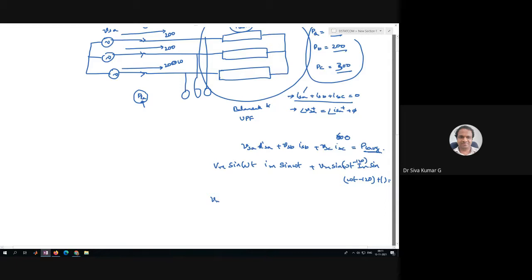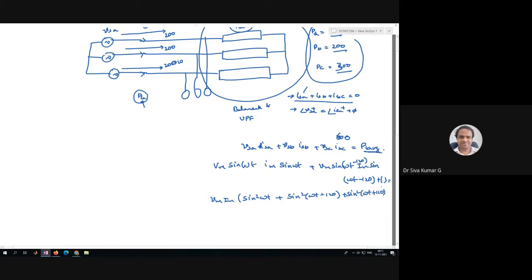What we get is Vm into Im times sine square omega t plus sine square omega t minus 120 plus sine square omega t plus 120.